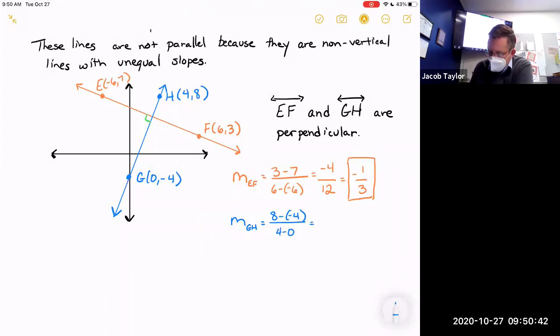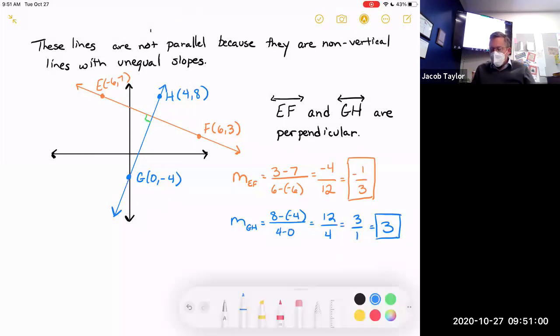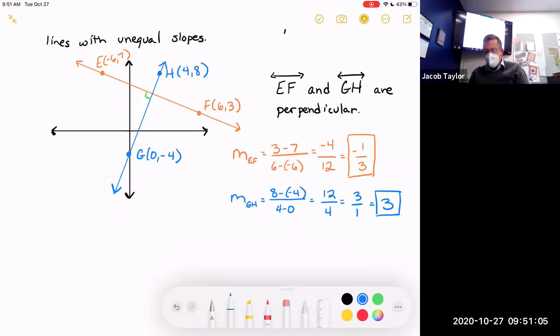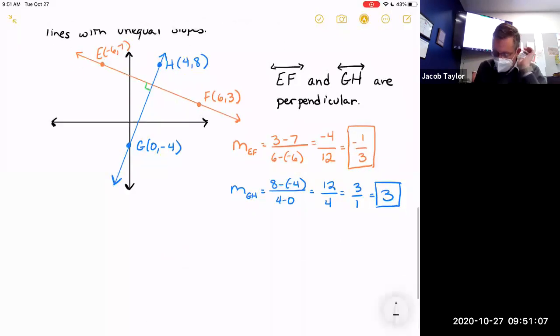That's going to give me 12 on the top and 4 on the bottom, which will reduce to 3/1. 3/1 or just 3 if you like. Because you can divide by 4, 12 divided by 4. So Zane said opposites, and he's mostly right.